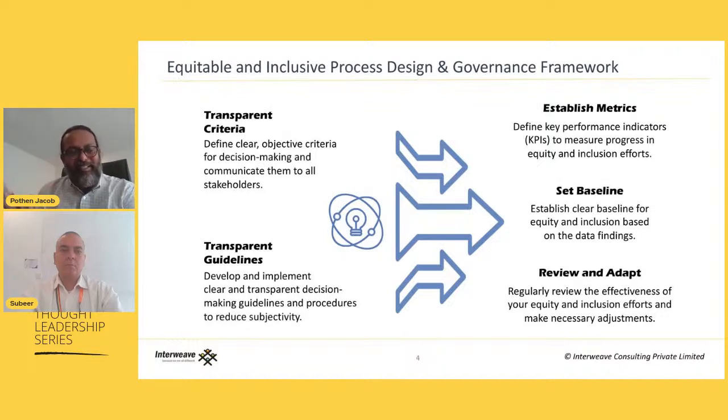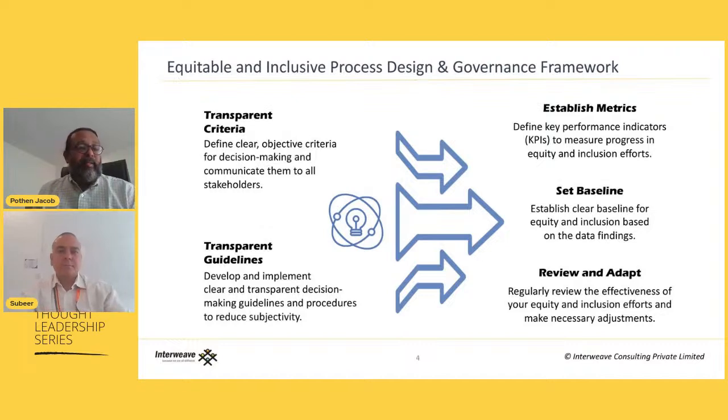Now, there's a whole lot of things on the right side of the slide, which is basically about measurements. Why should we measure? The first thing is to establish a metric that would help us understand whether we are making progress or not. Once we establish that metric, we need to ask where we are today. What's the current state? That establishes a baseline for the change that we want to take forward.